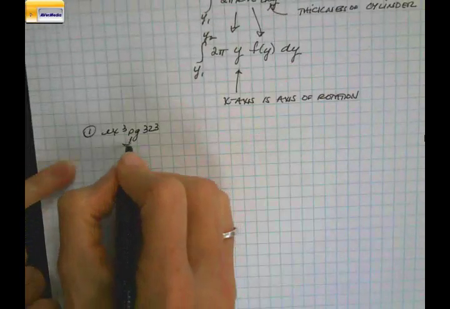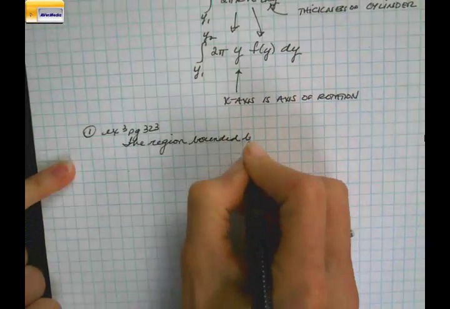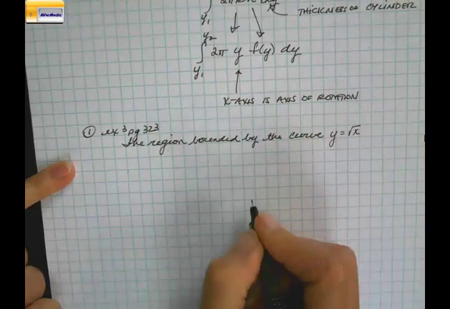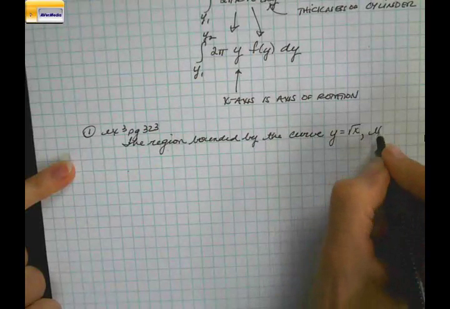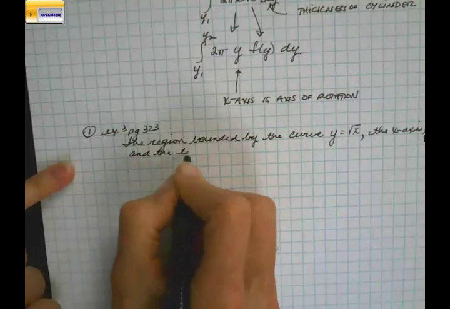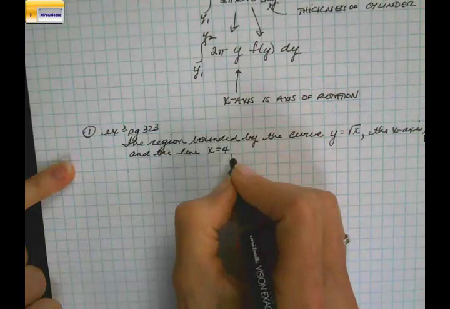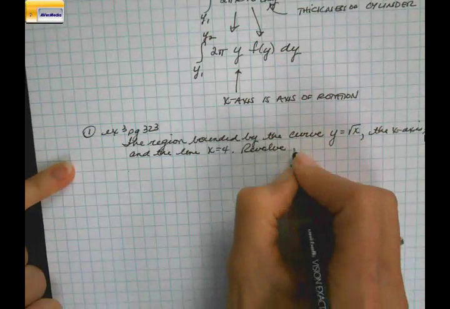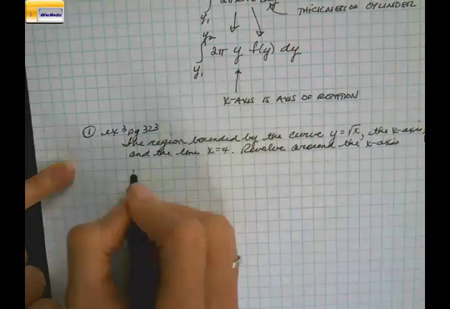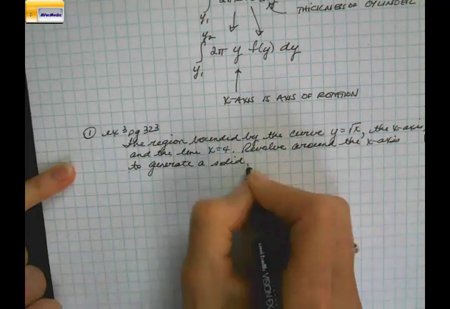And what it says is, find the volume of the solid generated by revolving the region bounded by the curve y equaling the square root of x, the x-axis, and the line x equaling 4 around the x-axis.